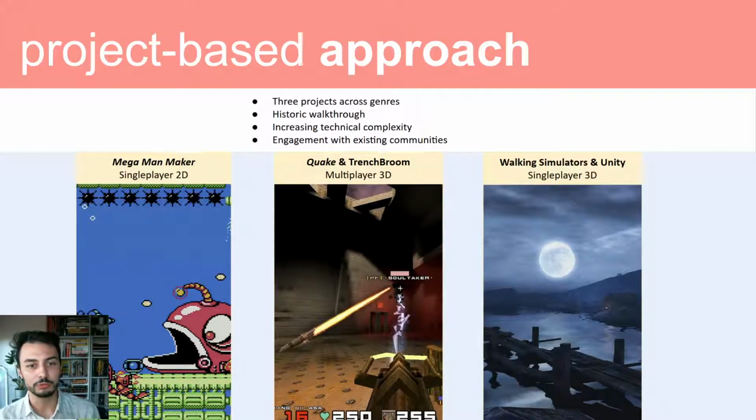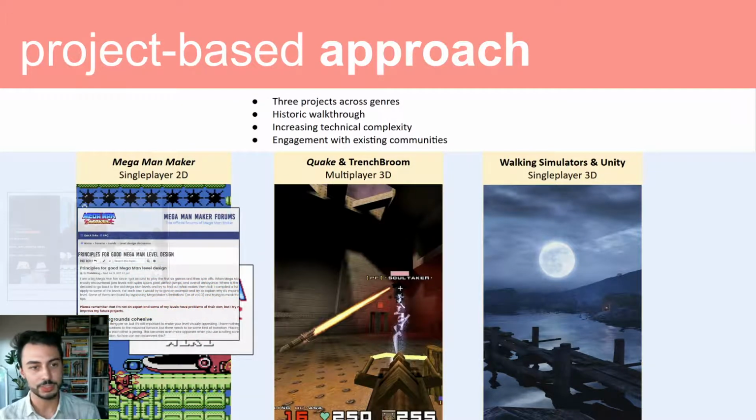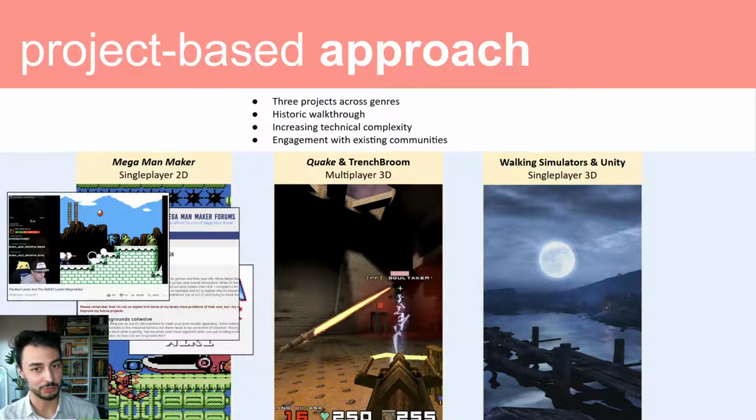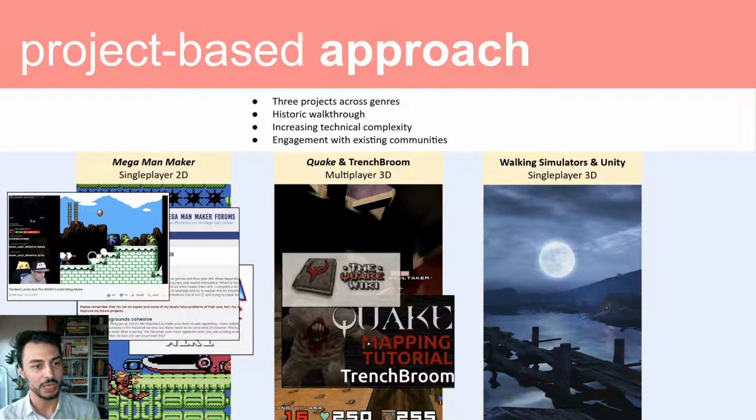Now, each would involve a different level-making community as a knowledge foundation and resource, such as Mega Man Maker's very rich wiki, forums, and then also community streamers who would critique levels, Quake's community tutorials, and also level repositories.